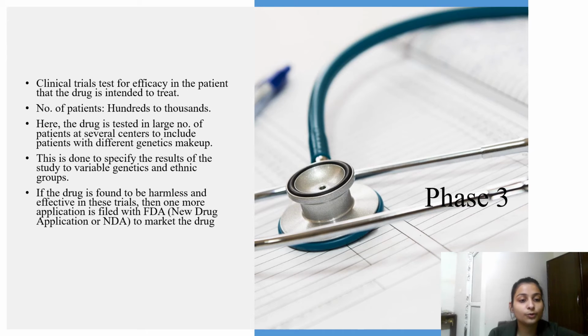If the drug is found to be harmless and effective in these trials, then one more application is filed with FDA, that is a New Drug Application or NDA, to market the drug. If approval is granted, the drug is marketed. Phase 3 clinical trials are conducted for 1 to 4 years.